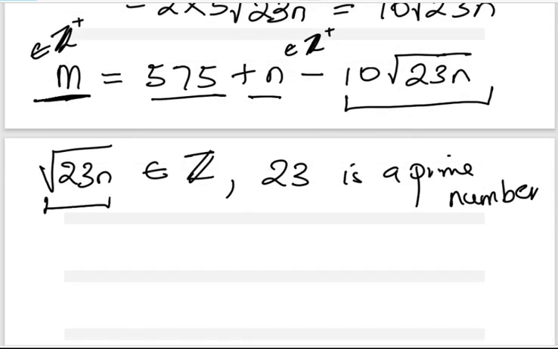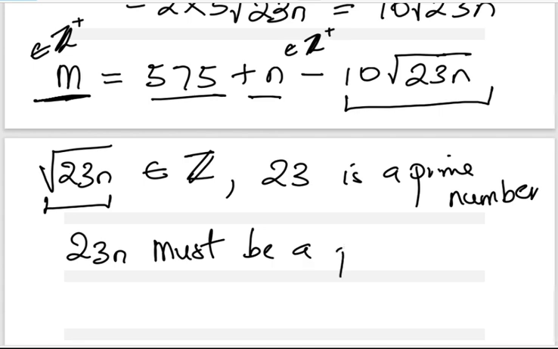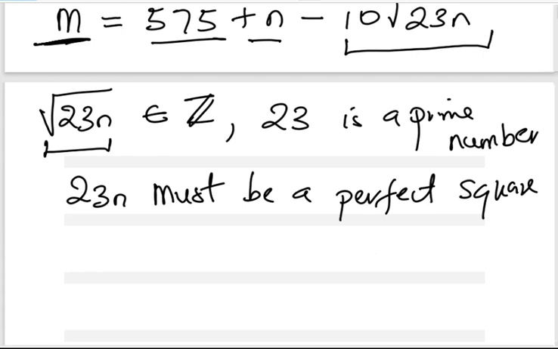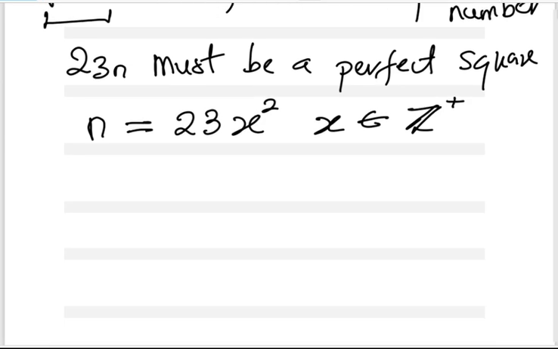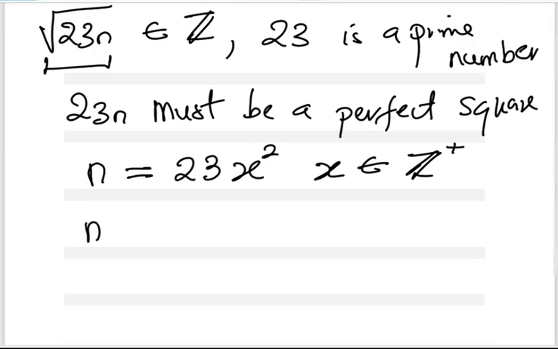So for this term to be an integer, 23n must be a perfect square. So for 23n to be a perfect square, n has to be of the form 23 times another perfect square, x squared, where x is a positive integer and x cannot be 0, because if x is 0, that means n is going to be 0. So clearly we've established the form of our n to be 23x squared.